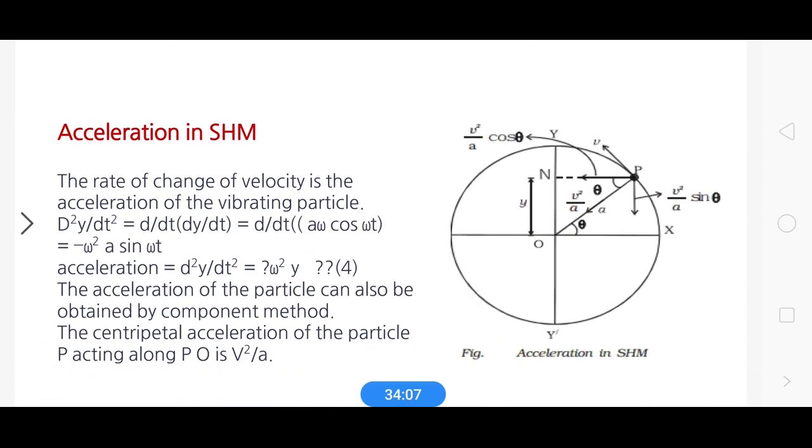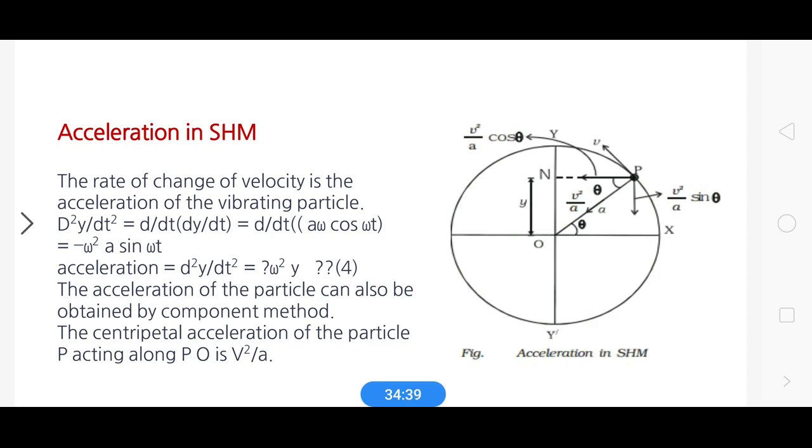Then the acceleration in SHM. From mechanics, the fundamental definition is that acceleration is equal to the rate of change of velocity. The velocity is equal to a omega cos omega t. To find the acceleration in SHM, we can directly differentiate the velocity with respect to time.